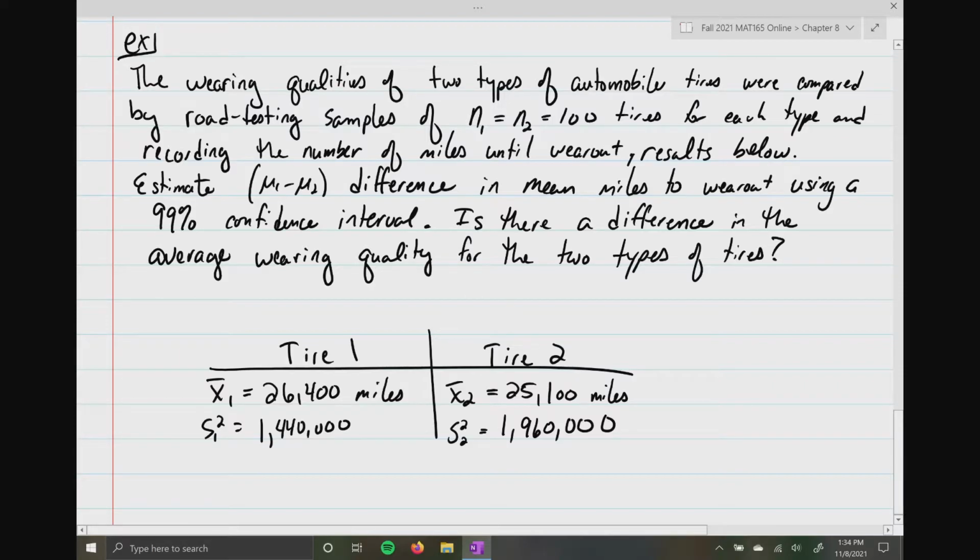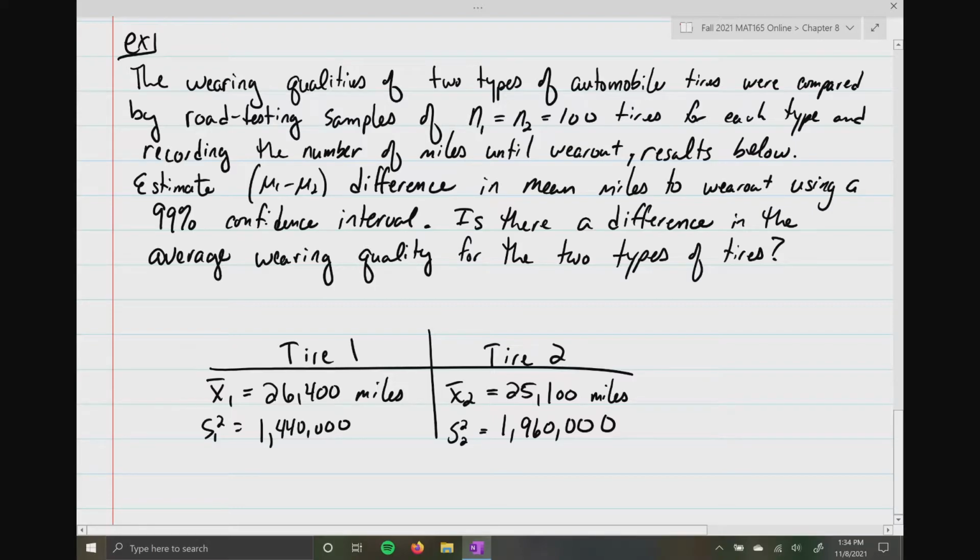And then we also want to answer the question, is there a difference in the average wearing quality for the two types of tires? So what's happening here is this. You may have two completely different brands of tires, let's say Firestone tires and Goodyear tires. Our goal is to determine, is there a difference in quality when it comes to wear out between these two tires?